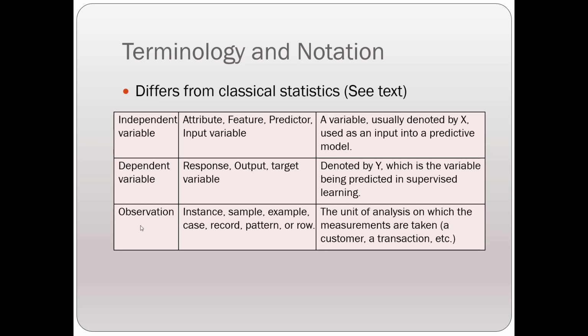Predictor variables are the independent variables that predict the target. So that's an observation, an instance, a sample, the unit of analysis. For example, a customer transaction would be one row of data, or observation.